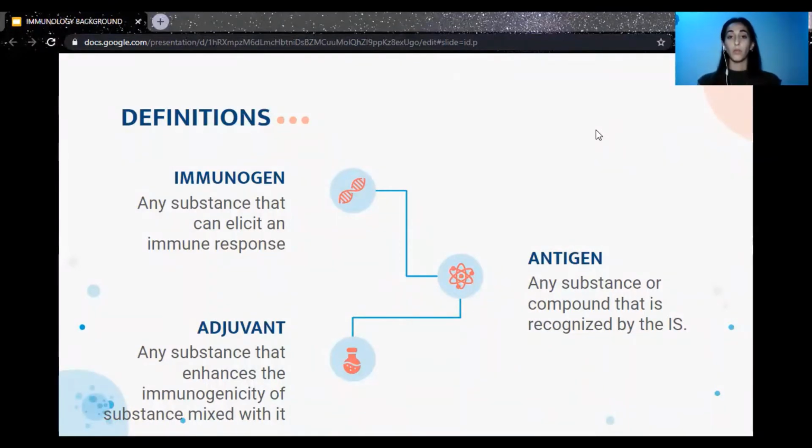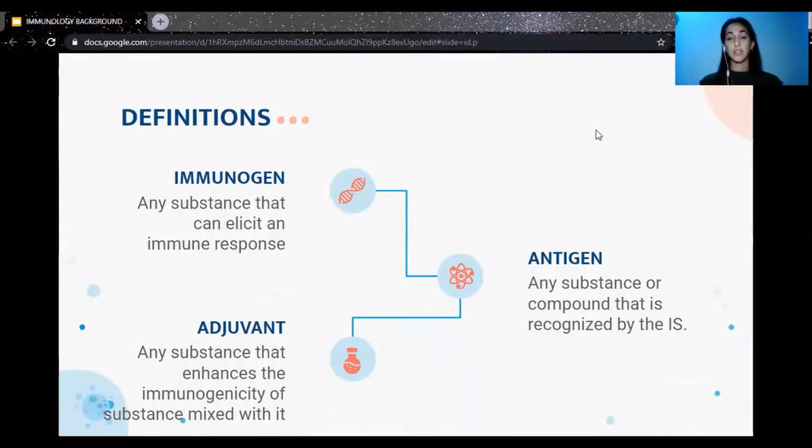Then we are going to call antigen any substance or compound that is recognized by effector elements of the immune system. It's any substance that can bind specifically to antibodies or to receptors of the cells of the immune system. There is a clear operational distinction between an immunogen and an antigen.